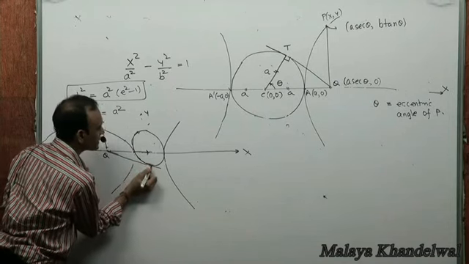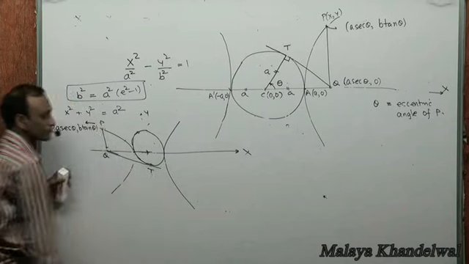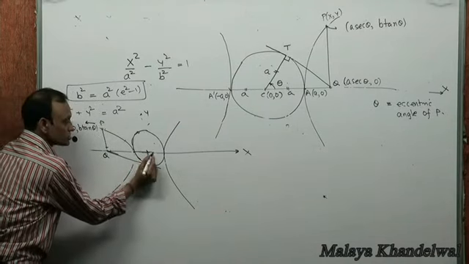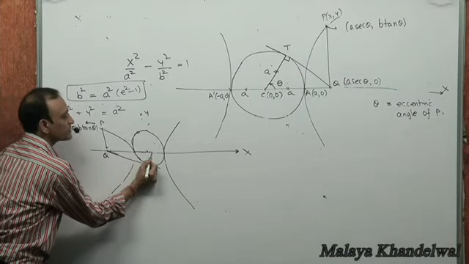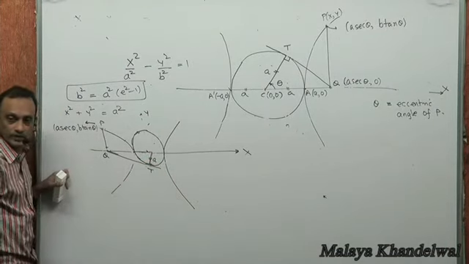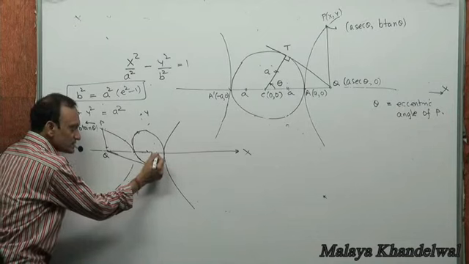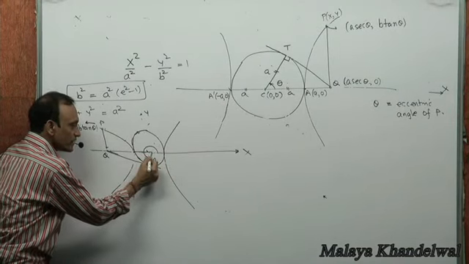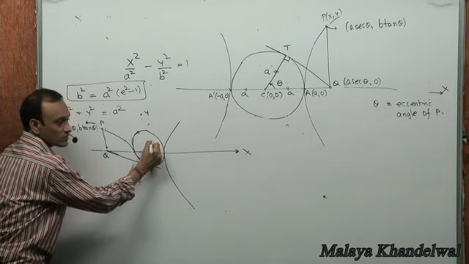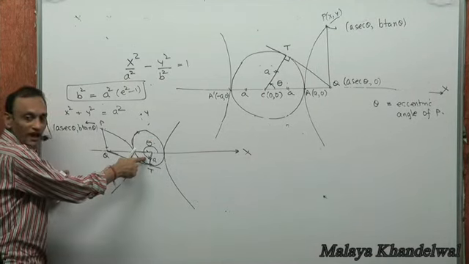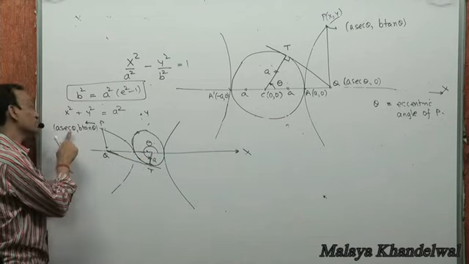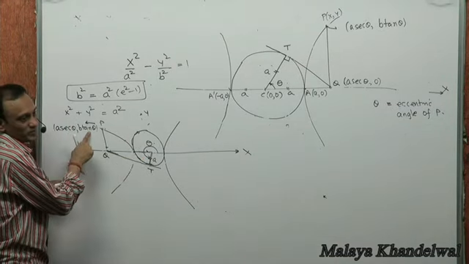This is my tangent, QT. This is the radius at the point of tangency, A. And now if this is my radius, this will be my theta. Yes or no? This theta lies in the third quadrant. And in the third quadrant, this will be negative, but this will be positive.